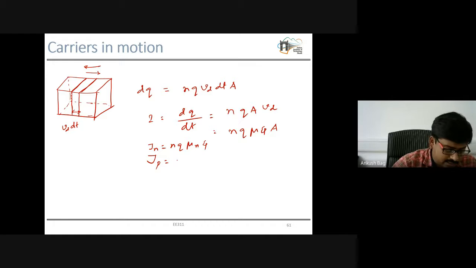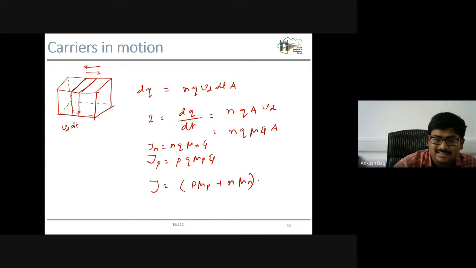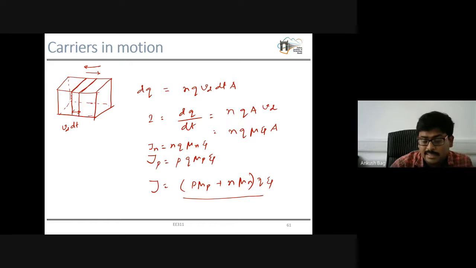So for holes it is p q mu p. So the total current density is (p mu p plus n mu n) q times the electric field.